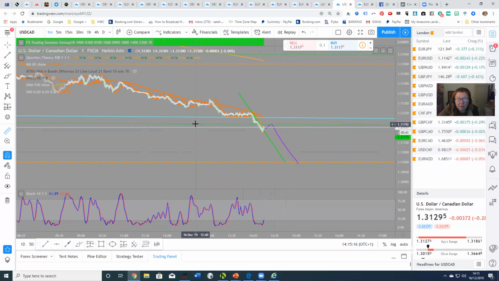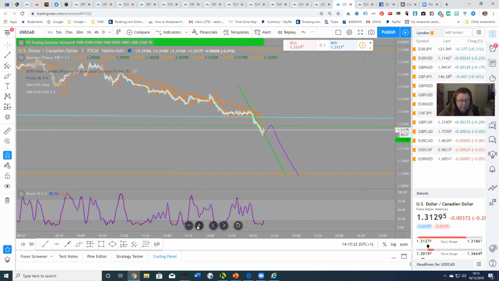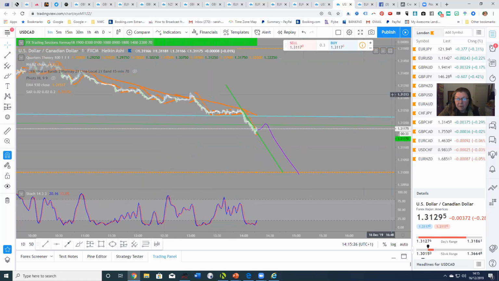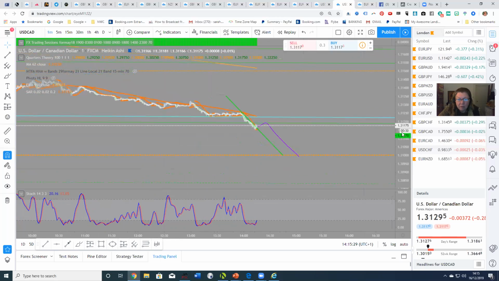So check on longer term timescales. So that is 20 pips down to the next quarter theory, and the next pitchfork would take us down.